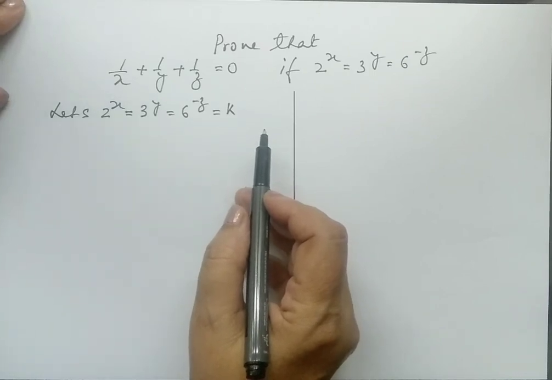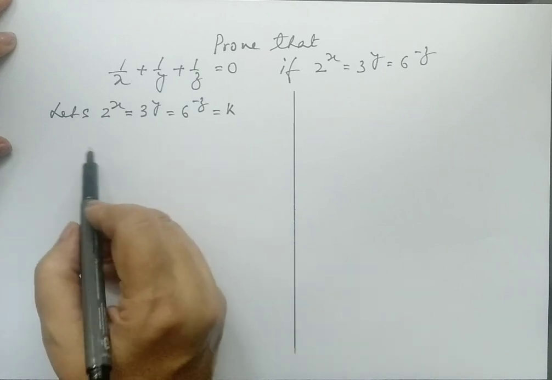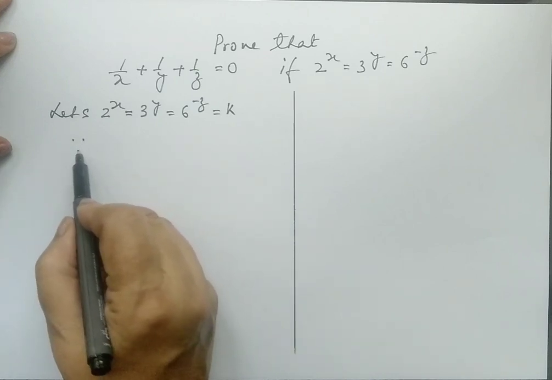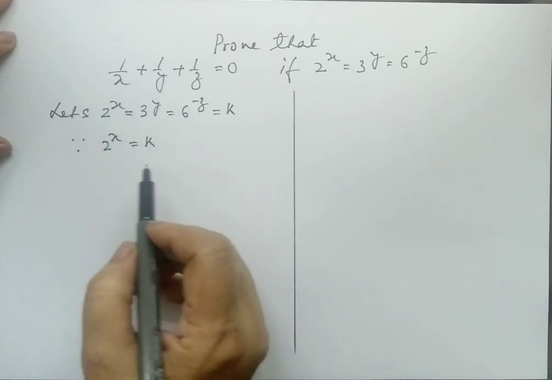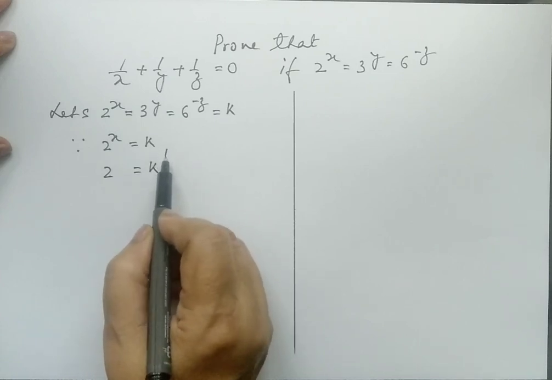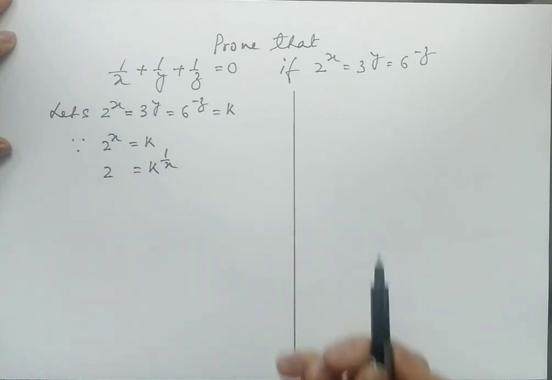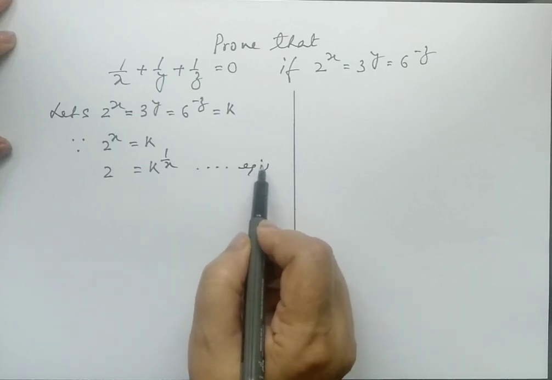Now why are we doing this? I will explain to you. Since 2 to the power x is equal to k, it means that 2 will be equal to k to the power 1 by x. So this is our equation 1.